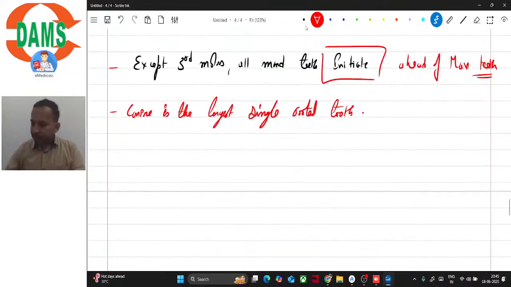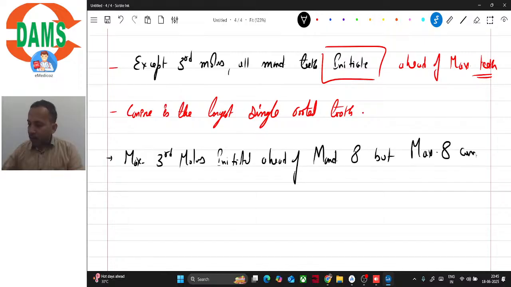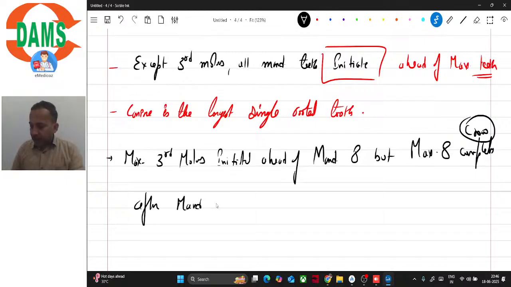So the maxillary third molars initiated ahead of mandibular third molar, but the maxillary third molar crown completes after mandibular third molar crown, right? So it initiates before mandibular third molar, but its crown completes after mandibular third molar.